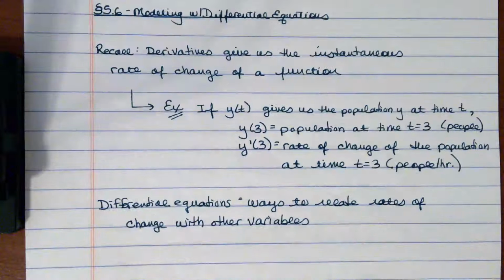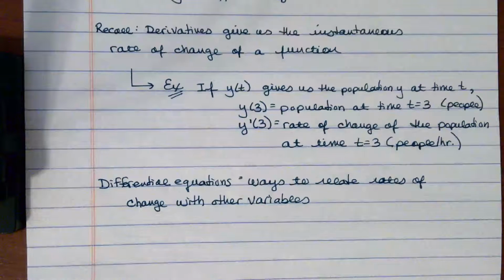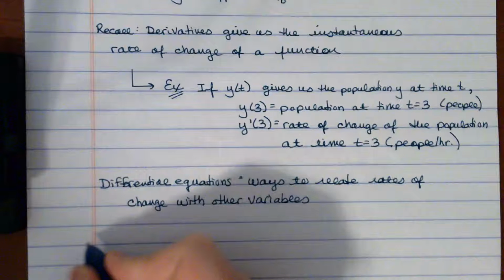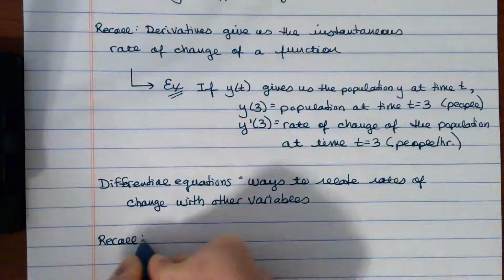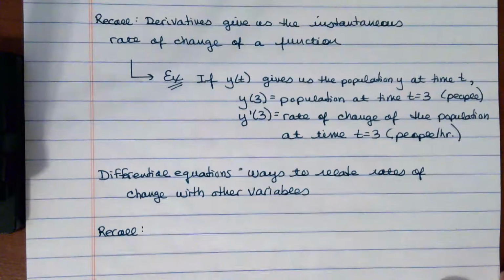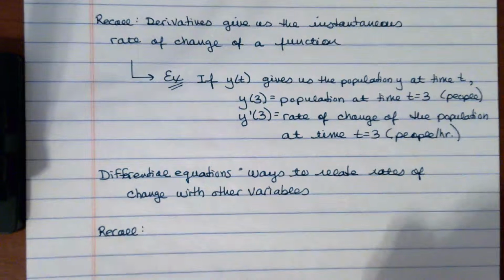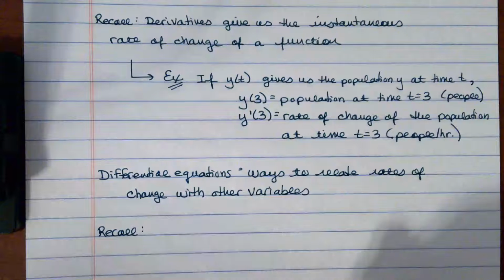Two more things I need to remind you of, going all the way back to Algebra 2. In Algebra 2, you talked about direct variation and inverse variation. I think you probably also talked about this in chemistry, and you might have talked about this in physics. Talking about things being proportional to other things or inversely proportional.